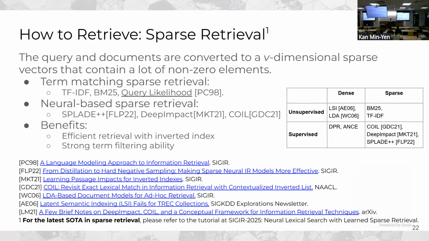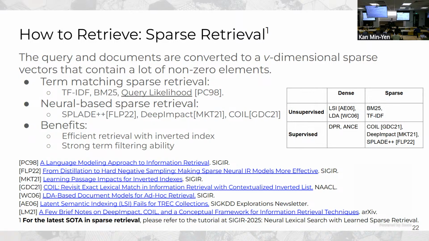The first representative category of retrieval method is called sparse retrieval. As the name shows, for queries and documents, we represent them with high-dimensional sparse vectors, which include a lot of non-zero elements.